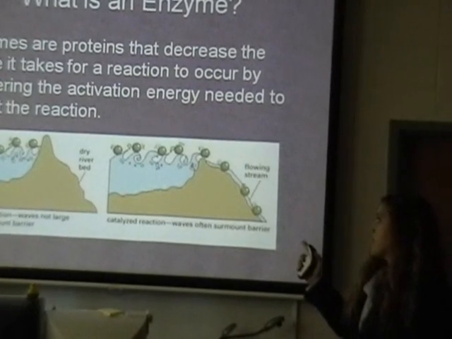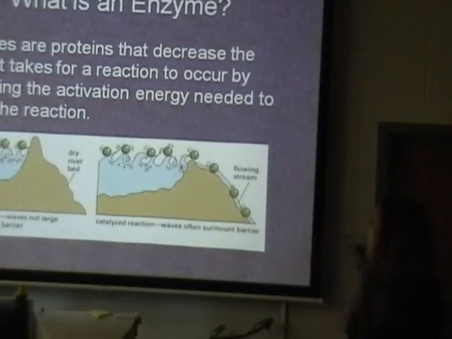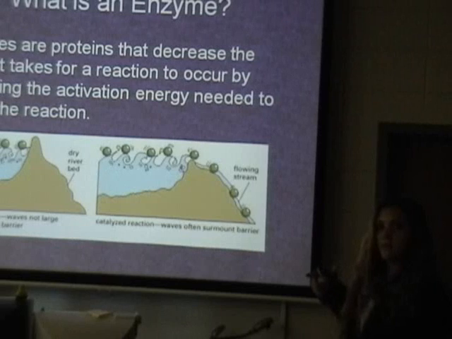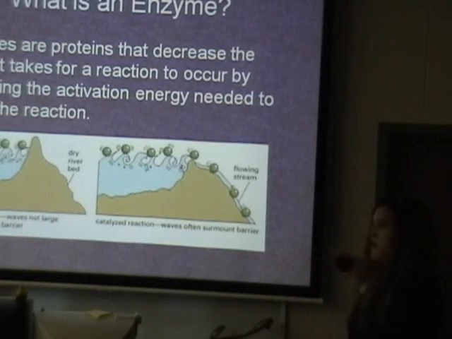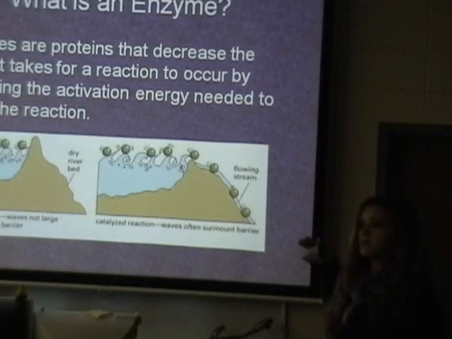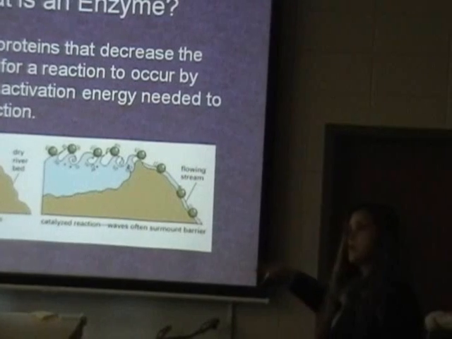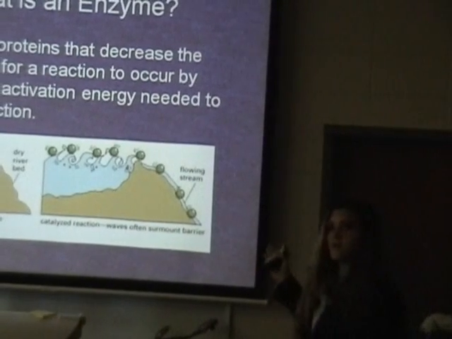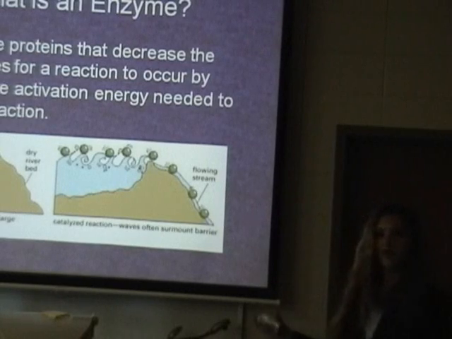The brown barrier represents a high activation energy in the first picture and a low activation energy in the second picture. The waves have a hard time going over the barrier because the activation energy is high. But in the next picture, the waves are able to go over the barrier because the activation energy is low, and the reaction can happen quicker.